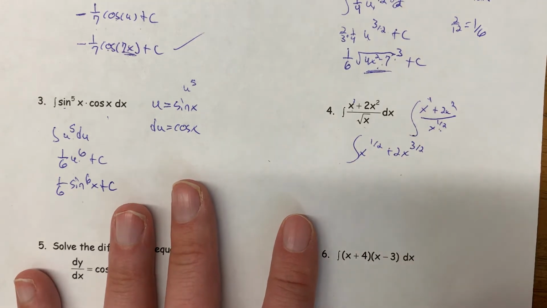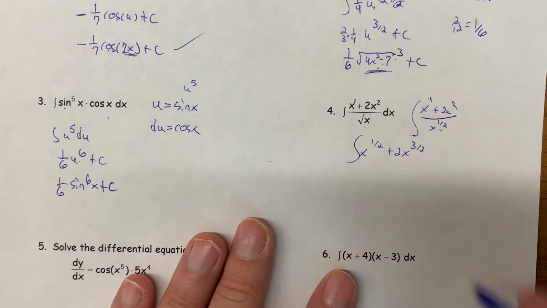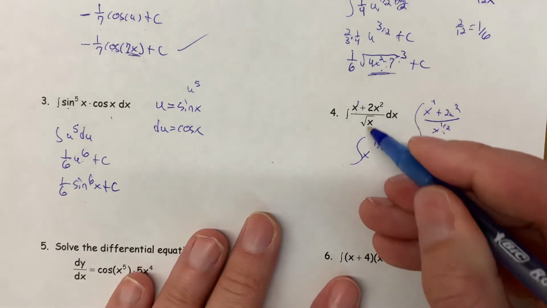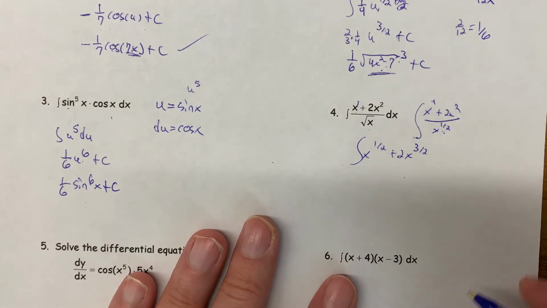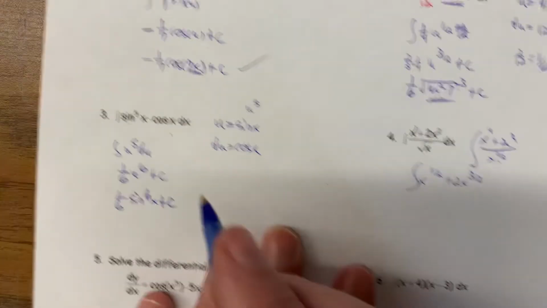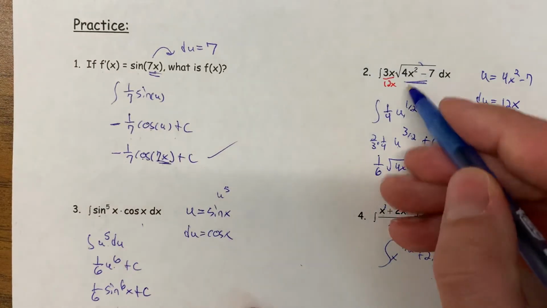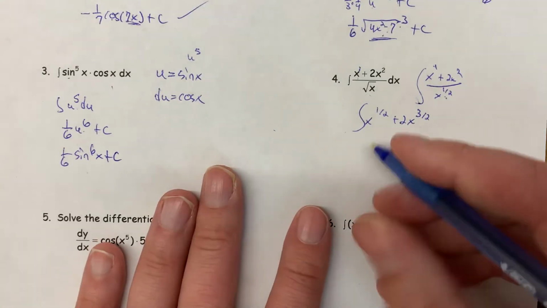So this is not u substitution. Don't get into a place where you think everything is u substitution. Not everything is. This is just like power rule that you had to rewrite. There wasn't a way to do it using u substitution. And there won't always be, right? Don't just automatically start thinking everything is u substitution. It's just when it's the reverse of a chain rule, if there's a clear inside function, it's u substitution.